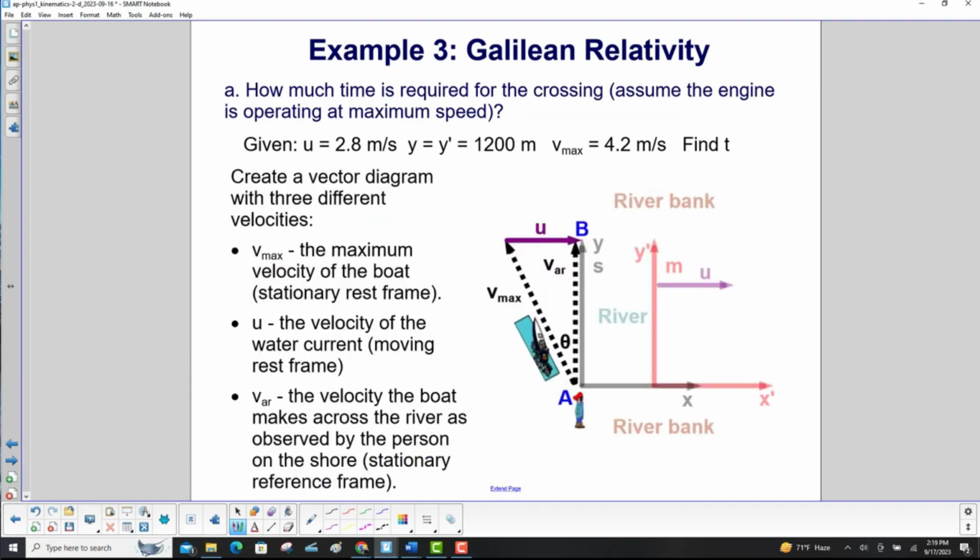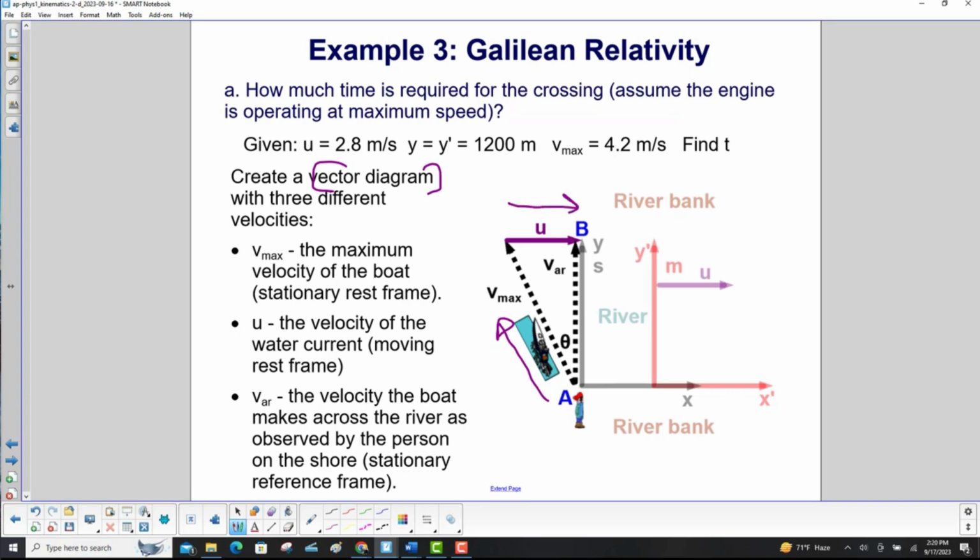We will start with a vector diagram and show three different velocities which will make a velocity triangle. Over here, the boat is pointing upstream, you would call this. That is the maximum velocity of the boat, Vmax, and that's in the stationary reference frame. We then have the water moving this way. That's the velocity of the water current, and that is our moving rest frame.